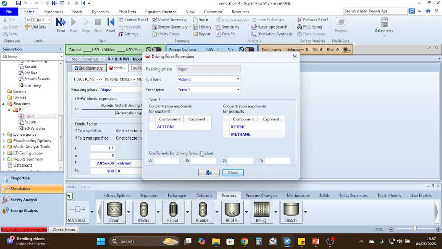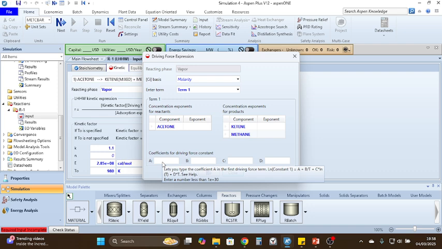The CI basis is molarity, and then we find the terms, enter term 1. Sir, what is term? These are the coefficients of the driving force.